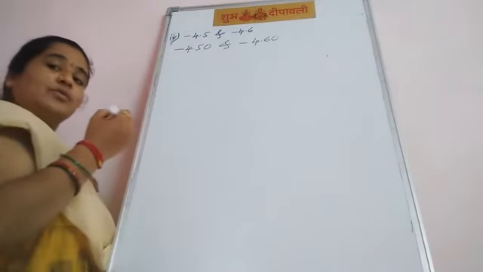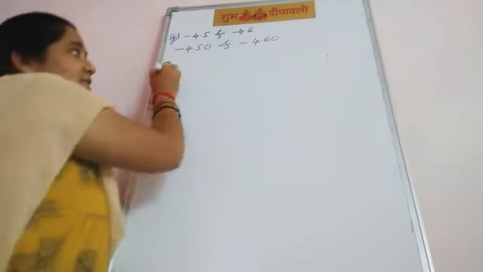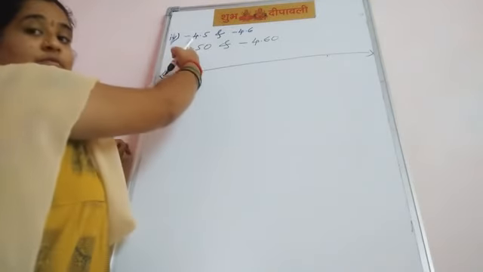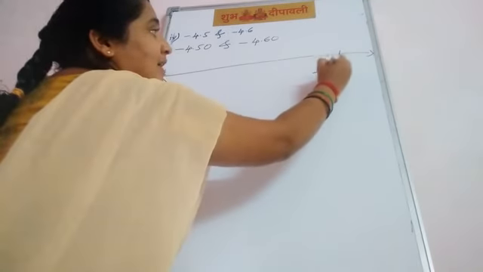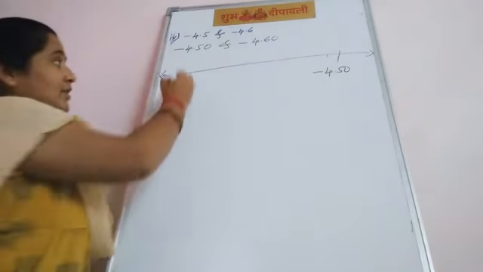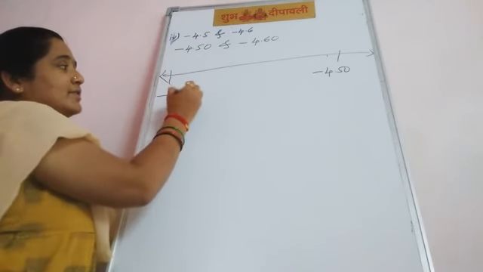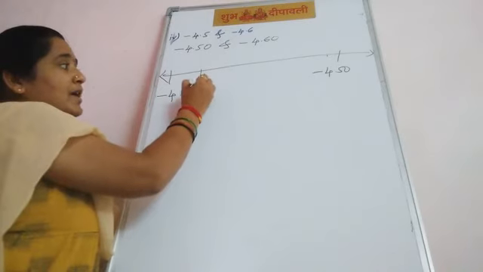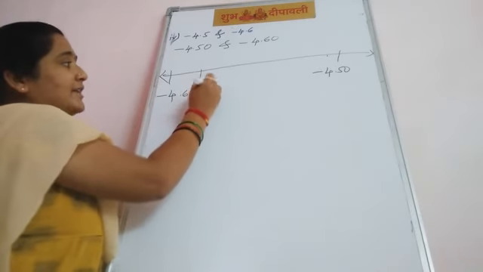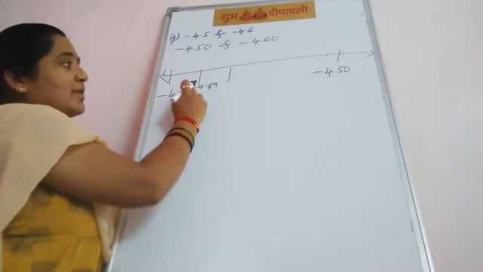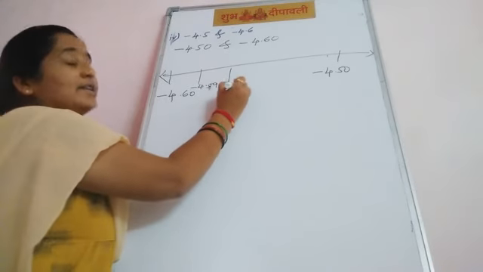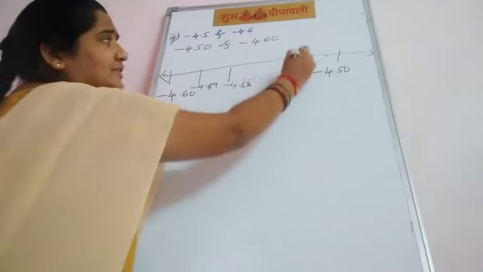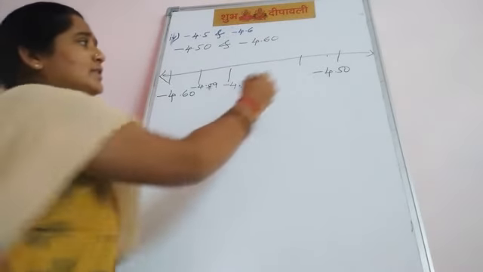Two negative numbers. So first we will draw the number line. It will be easy for you. First minus 4.50. Here minus 4.60. Before minus 4.60 what? Minus 4.59. Before minus 4.59 what? Minus 4.58, and so on. After minus 4.50 what?